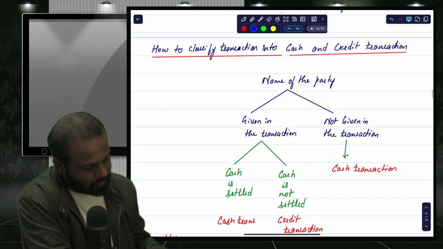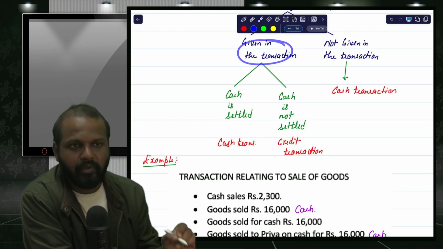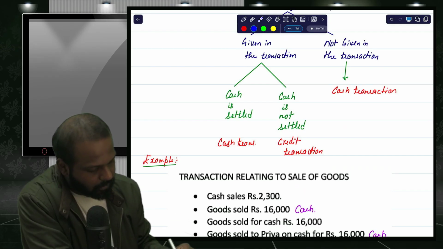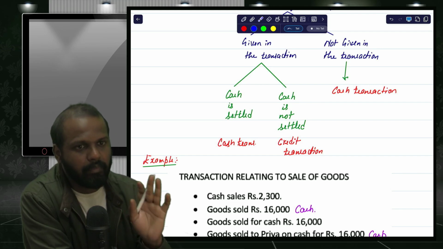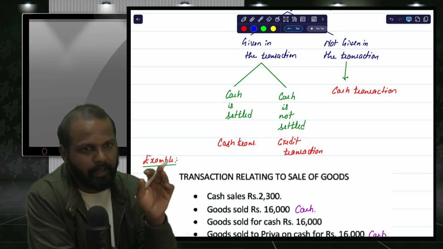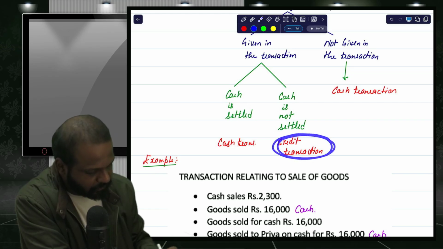Next, suppose the name of the person is given but nothing is mentioned about cash being settled, nothing is told about cash being paid or received, just the name of the person is given. Then you take it as a credit transaction.